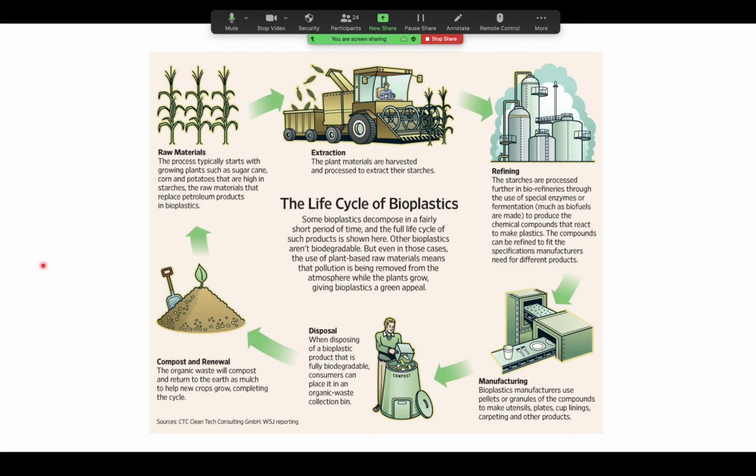With bioplastics, you grow these raw materials up from the ground, you extract them using standard methods, then you refine them into the monomers that you need, you process those monomers into the polymers during manufacturing, you can compost them, and then that compost will become the feedstock for your new raw materials, and you go on the cycle over and over again.